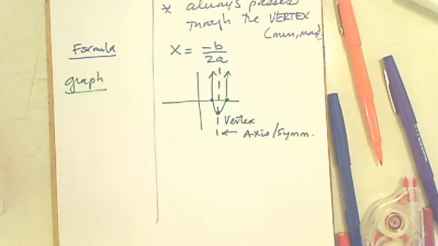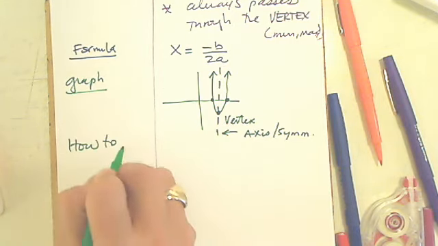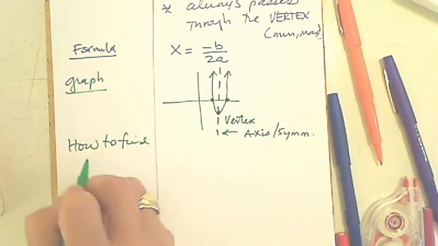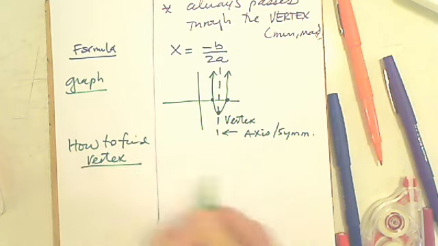How do we find the vertex? How do we find X and Y? You can't look at it yet. You don't have anything to look at. You only have the equation.